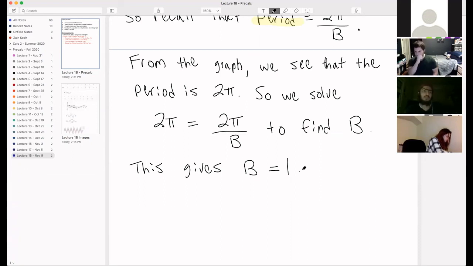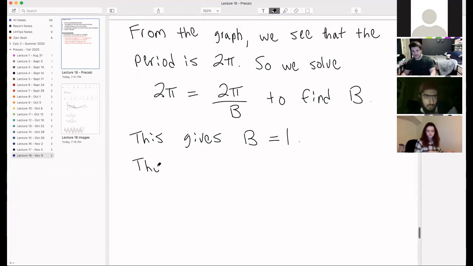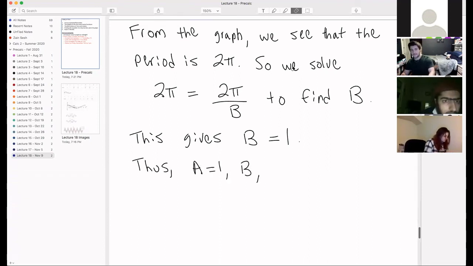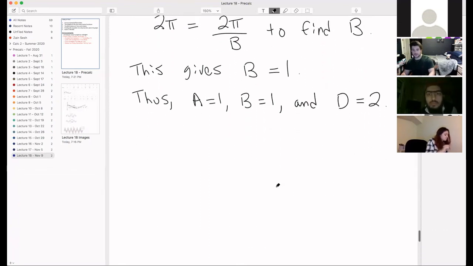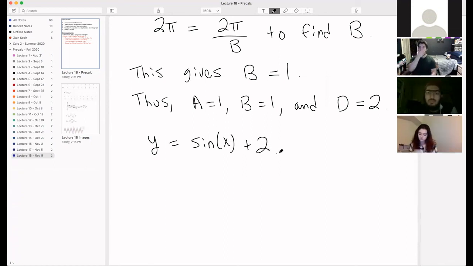I think we're finished now. Thus A equals 1, B equals 1, and D is equal to 2. So our final formula is y equals sine of x plus 2. A is 1, B is 1, and the plus 2 for D at the end.